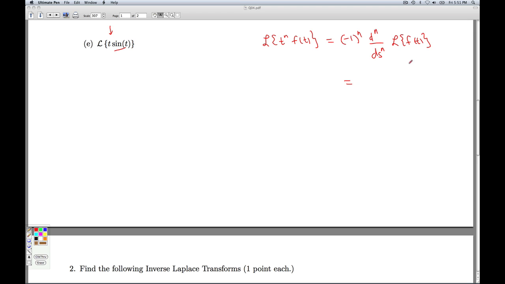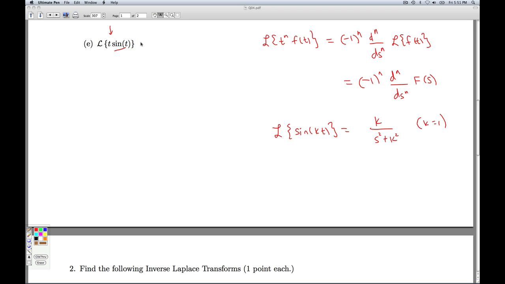Once again, the Laplace transform of little f of t is denoted big F of s, then that's what you get. That's going to take care of this power of t, and then the Laplace transform of sine of kt we've already seen, but I'll write it down again, is k over s squared plus k squared. Here the k is going to equal 1 for us.